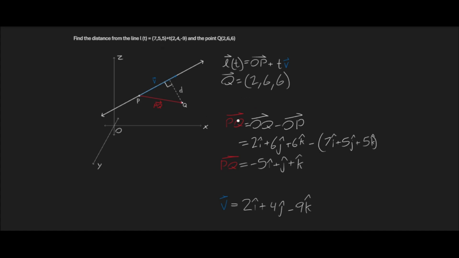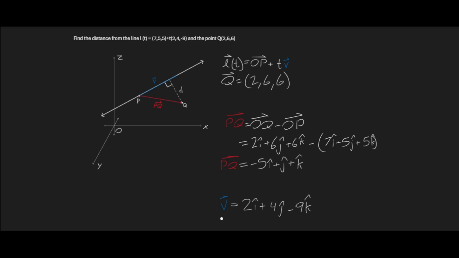To find PQ, we need to take OQ and subtract OP, and it will give us this vector here. So we go ahead and do that, and we get PQ equals negative 5i plus j plus k.